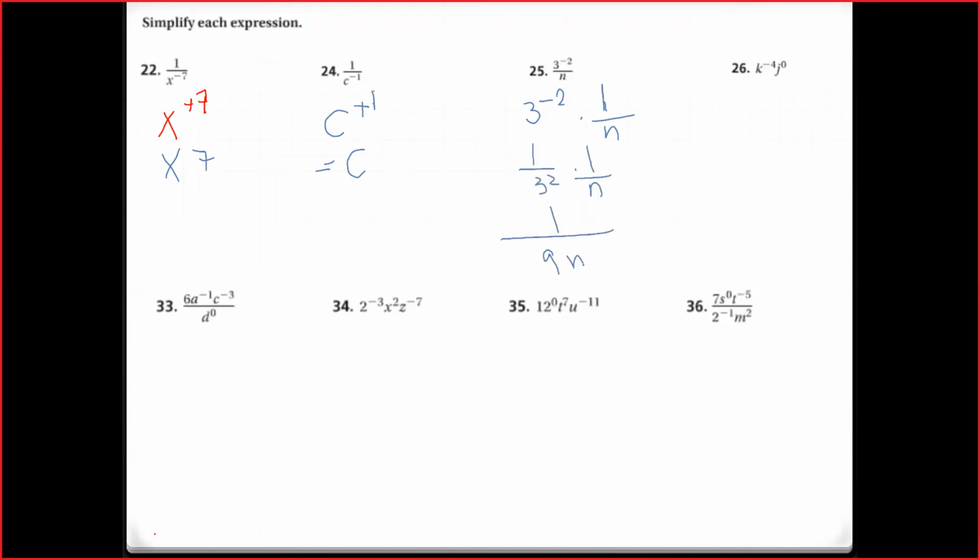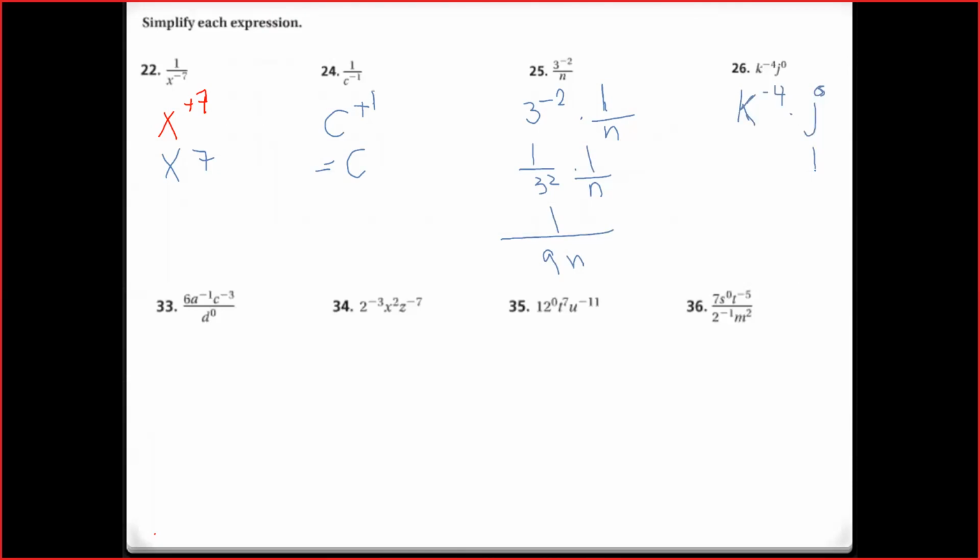Number 26. Here now, you have k to the power negative 4 multiplied by j to the power 0. Now j to the power 0 is what? 1. And k to the power negative 4, we're going to talk about negative exponents.